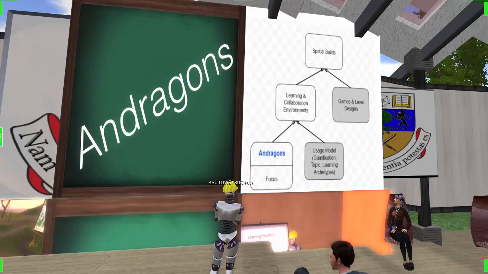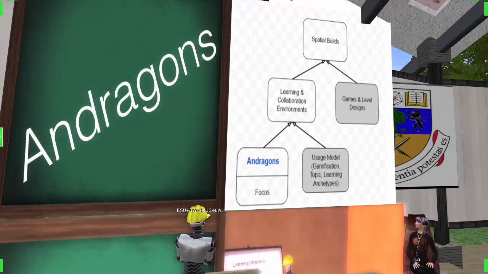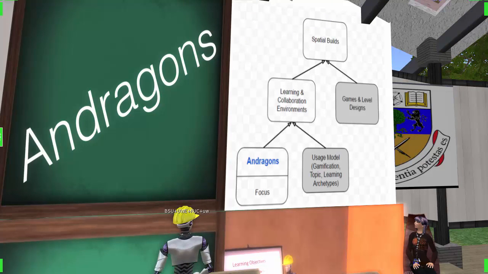The other one is designed for learning. So you can have those shapes, but they're designed to play an adventure game. That's fine. Game levels, but that's not what we're talking about. We're talking about these shapes designed for education.